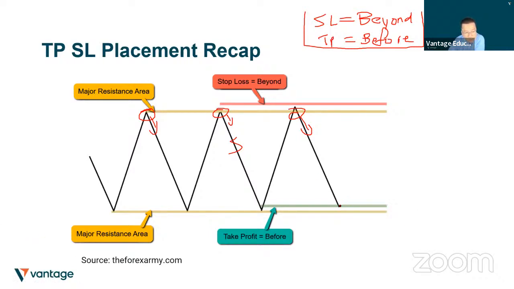Okay, so if you see, for example, if price does come up and it breaks above your resistance level, and it hits your stop loss, this resistance level is gone from a resistance, it's changed to become a support level. All right, so it's no longer a resistance, it's a support level now.